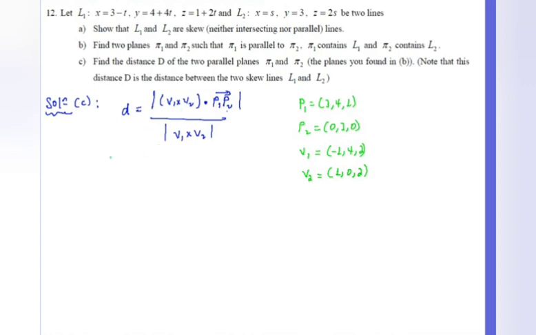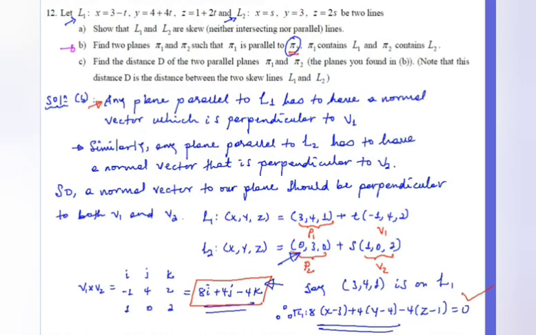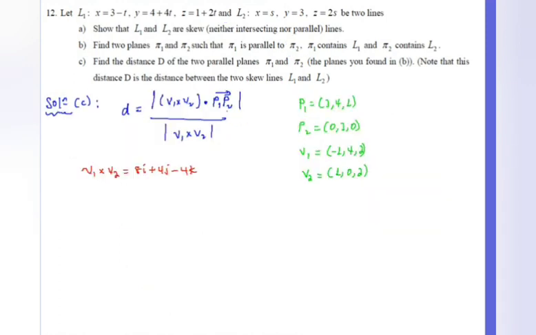Now V1 cross V2 is already obtained as 8i plus 4j minus 4k, the cross product of the direction vectors.